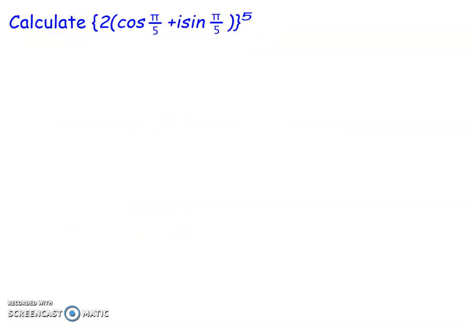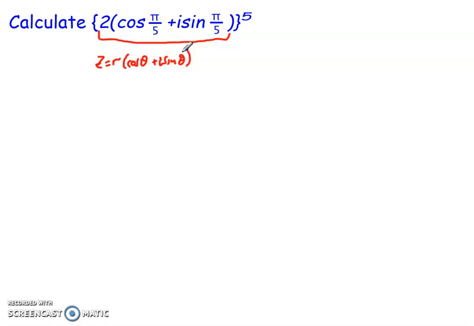So the first one, calculate this number to the power of 5. So 2 bracket cos pi over 5 plus i sin pi over 5. For this one, you've got to remember that that is your z equals r bracket cos theta plus i sin theta.